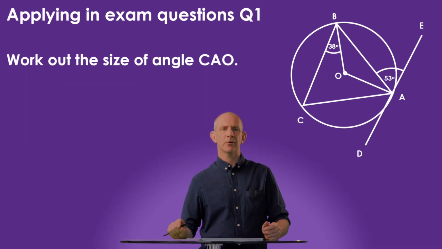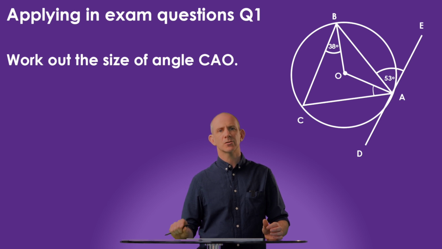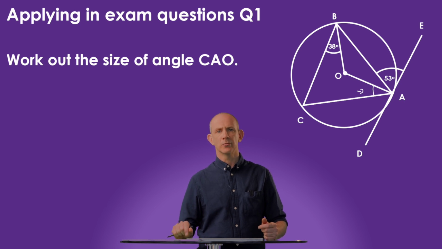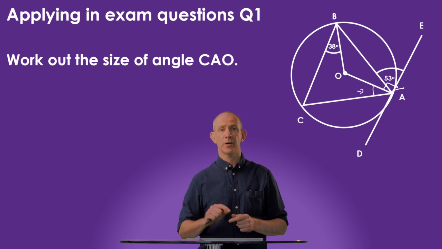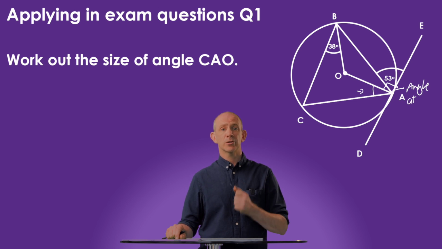In order to work out the size of angle CAO, we could proceed in several different ways. I would always suggest starting with looking at the information that they're giving you in the actual question. As it is a triangle within a circle, which also has a tangent and a radius, we'll probably use the fact that the angle between the radius and the tangent will be 90 degrees, and the alternate segment theorem for the triangle.